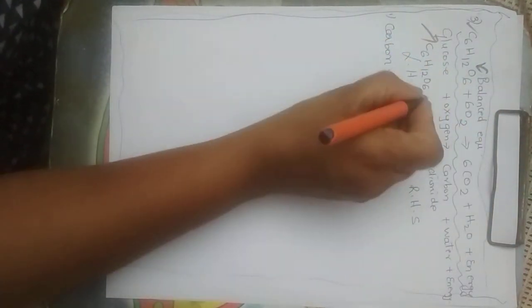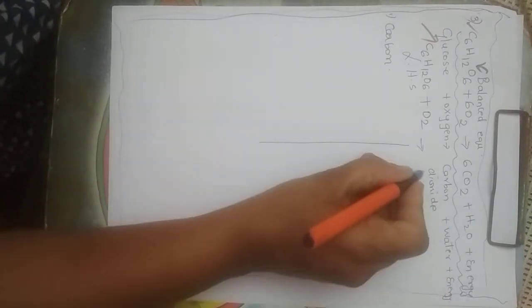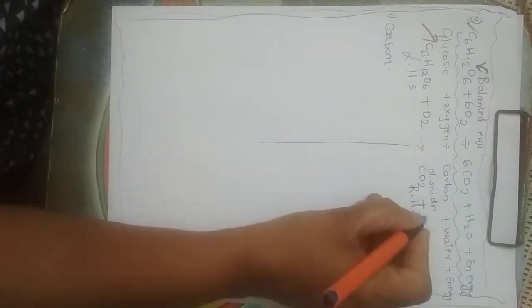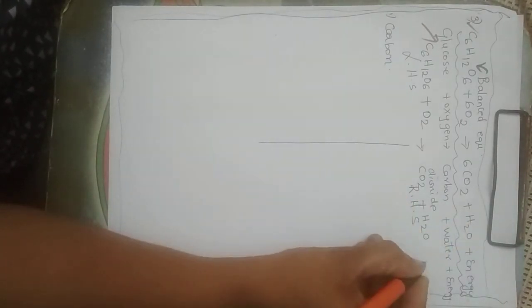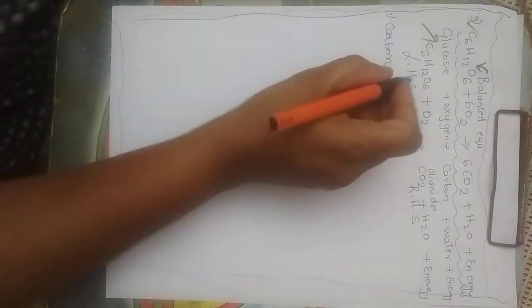C6H12O6 plus oxygen. So when I write oxygen, we write O2. We won't write 6O2. Now when I write carbon dioxide, we'll write CO2. We won't write 6CO2. When I write water, we'll write H2O and energy. So what I'm doing is, we'll use this equation to count, and then when balancing, I write this again here. So let us see now who is taking part.